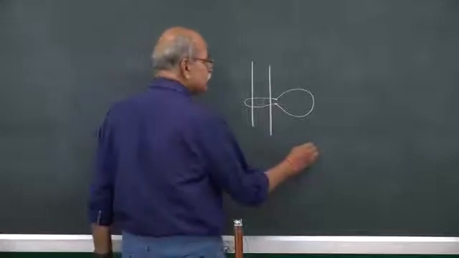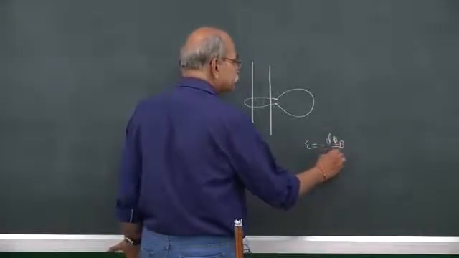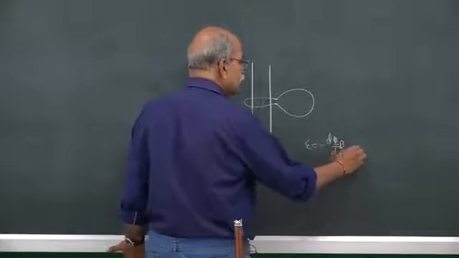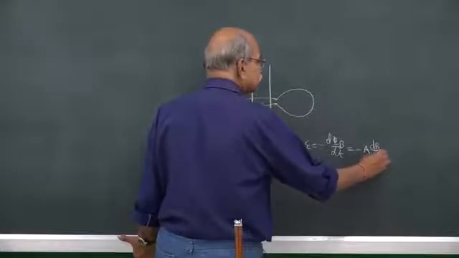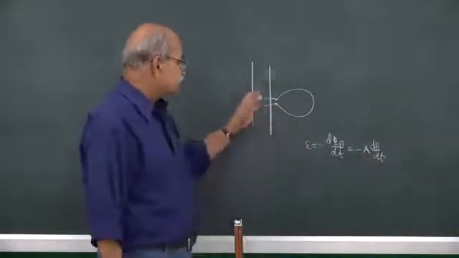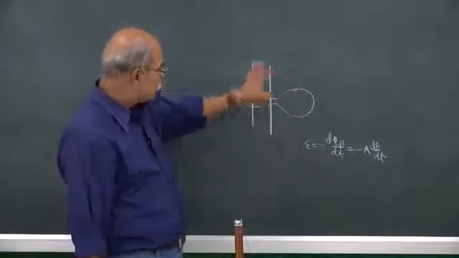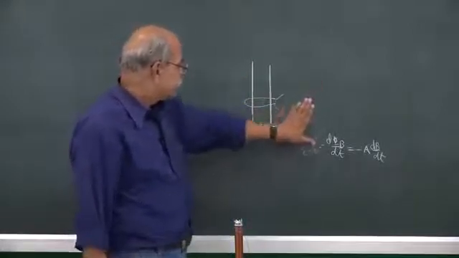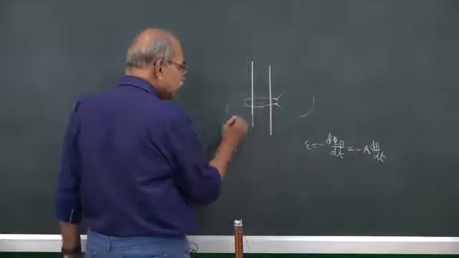You have an EMF which is minus d phi dt, or minus area times dB dt. dB dt is because of the changing current in this solenoid. But once I bring this loop to the other side, from the back side, it is like this.